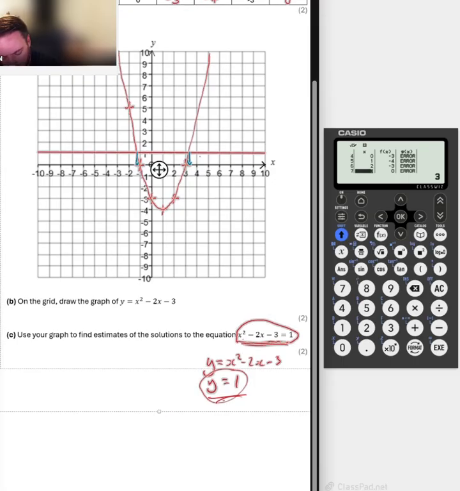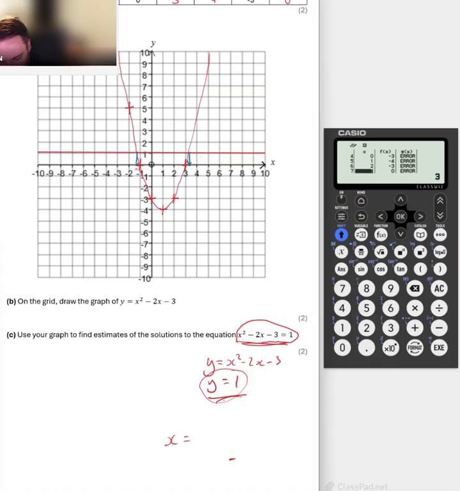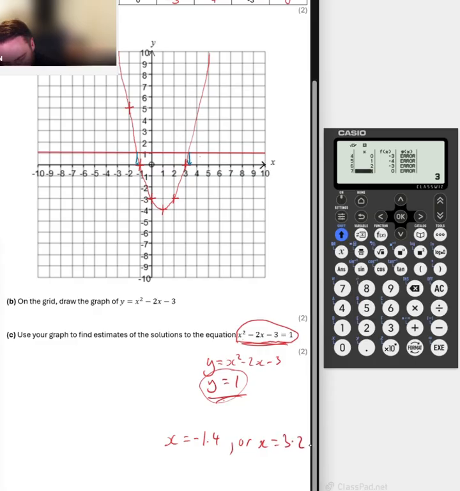So x will be equal to, that was just below -1, so -1.4 will do, or x is equal to positive, I don't know, 3.2. And that will get you the full marks. You can, in this calculator, also solve simultaneous equations, but it won't do quadratic ones, so it wouldn't do this. Thank you for watching.